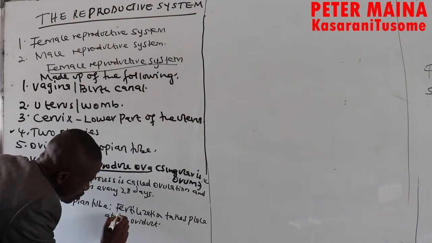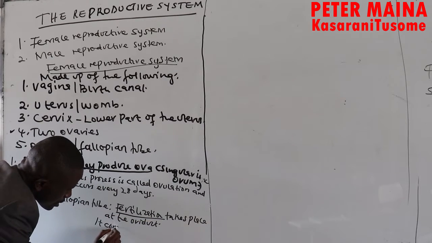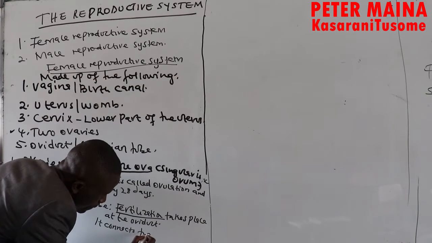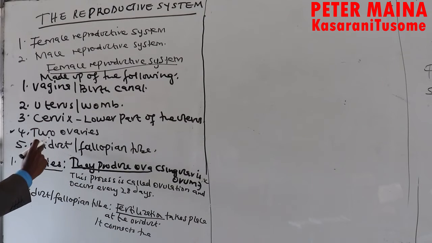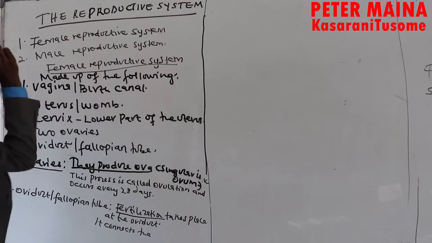We also note that fertilization takes place at the oviduct. It connects the ovaries to the uterus.